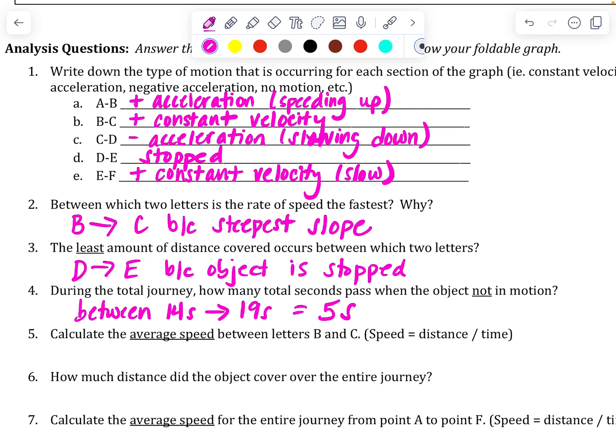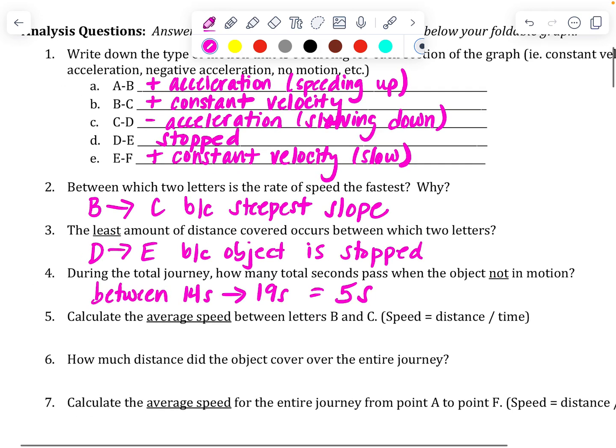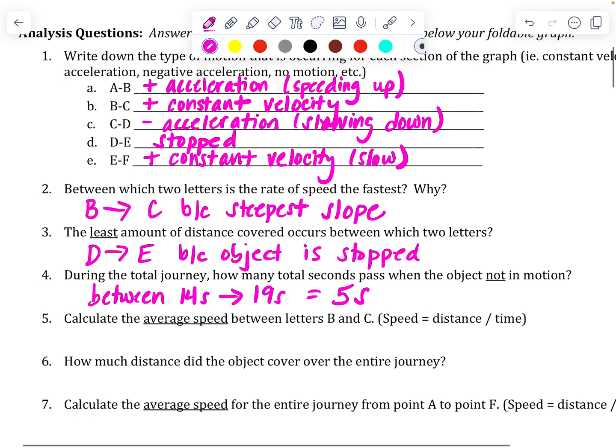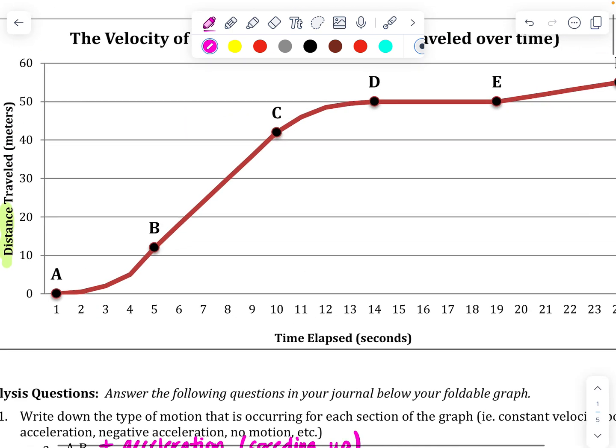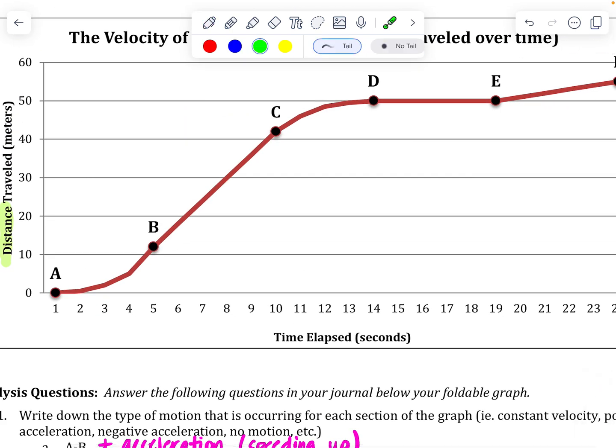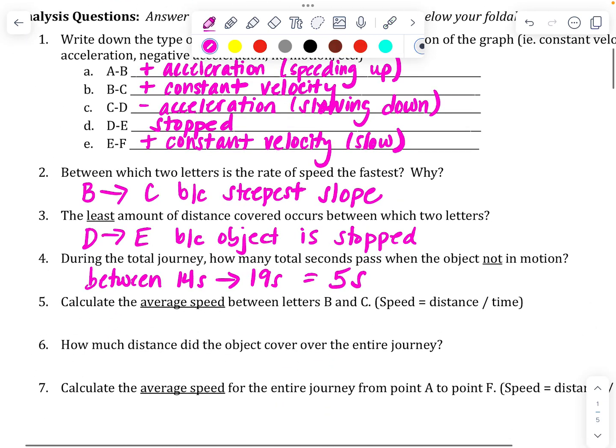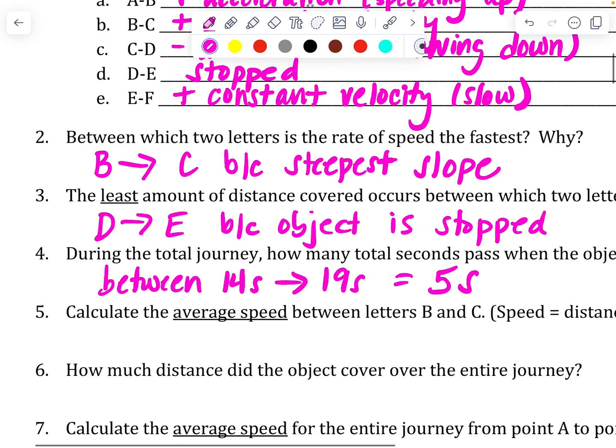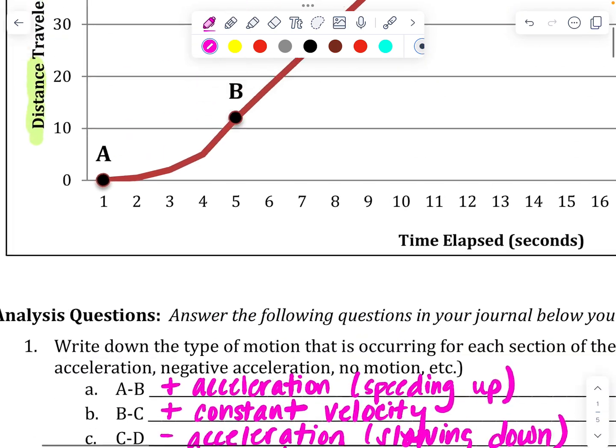Calculate the average speed between letters B and C. Remember, speed is distance divided by time. So between B and C, if you look over here, the total distance, that looks like maybe 41 and 11. So our total distance is going to be 41 minus 11. We're doing our distance on top. So 41 minus 11 meters. I think that's meters.